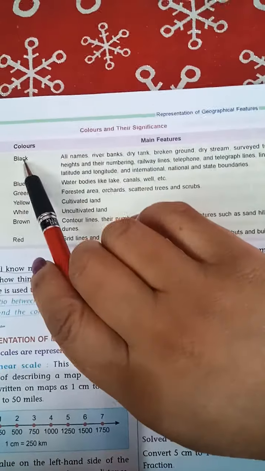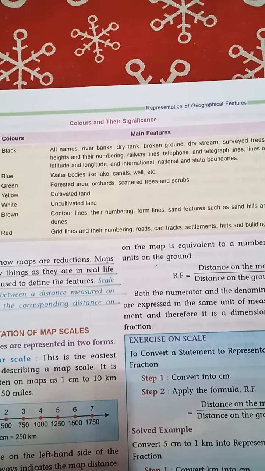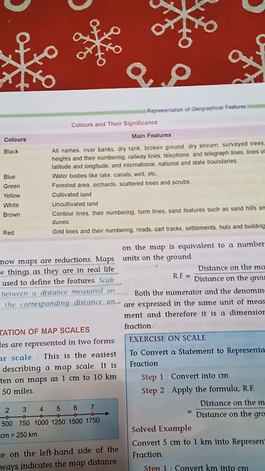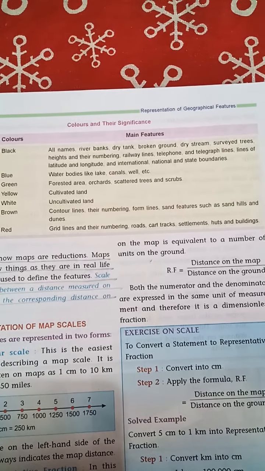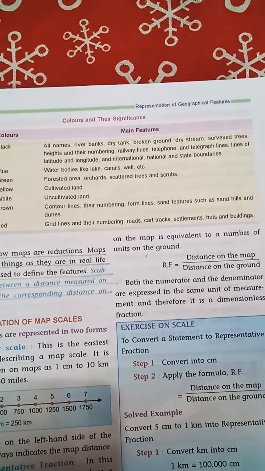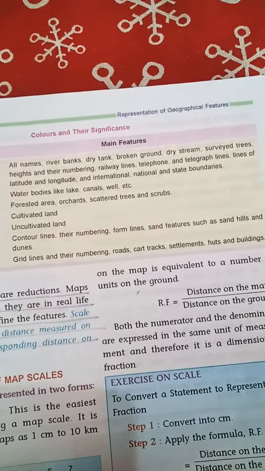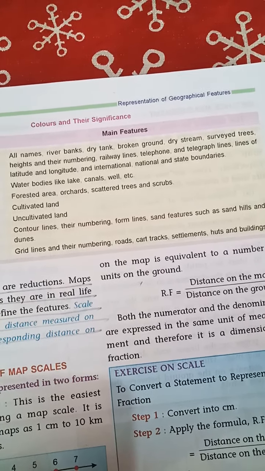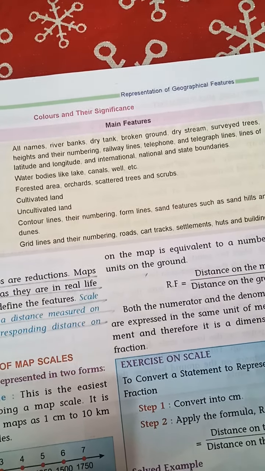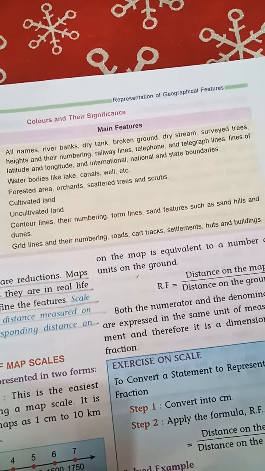The black color is used for showing all names, dry water bodies such as dry streams, wells, ponds, river banks, boundaries, railways, telephone and telegraph lines, grid of the parallels and meridians, international, national and state boundaries.